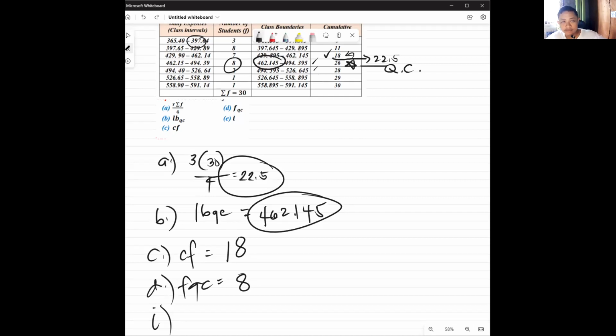Okay? So, let's do this na. Let's try kahit saan. Kasi pare-pareho lang naman yung boundary niyan. Try natin ito. So, we have for our interval, 558.895 minus 526.645. What's the answer? Type it in the chat box.